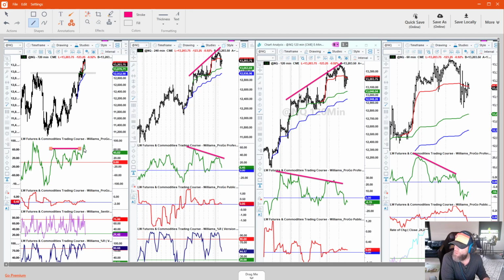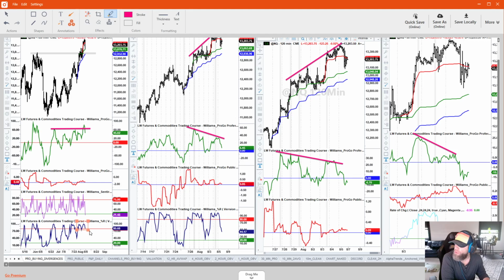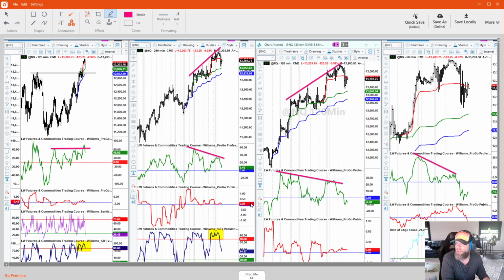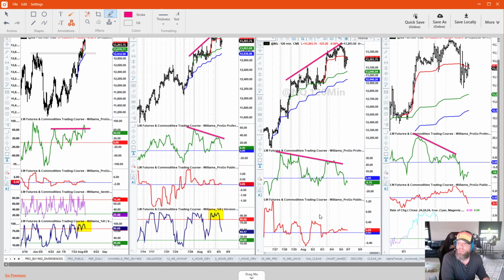Not so much on the 12-hour here, but over in the overbought department, overbought on the 12-hour, overbought on the 4-hour. These are confluences that I have the tendency to look at here. And on my even lower time frame, I find this helpful too. Rate of change.